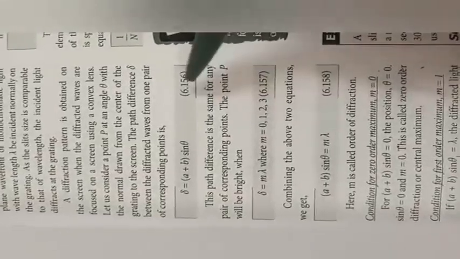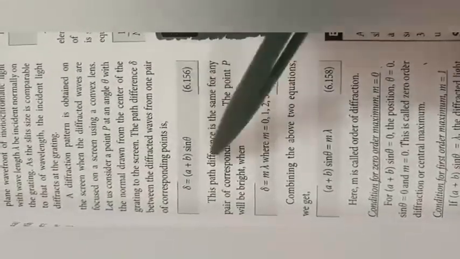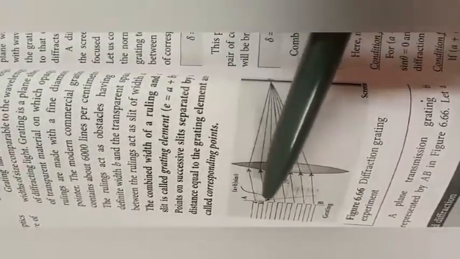Due to the diffraction pattern, the path difference involves a plus b. Here e is the element of the grating, that is a plus b. A represents the slit width and b represents the line width, which can be more or less approximately equal. That element is referred to as e equal to a plus b.